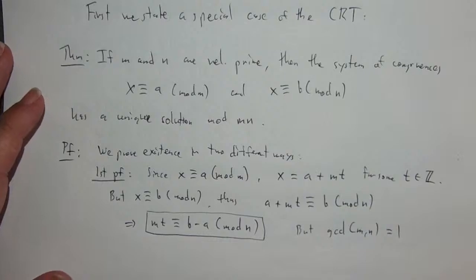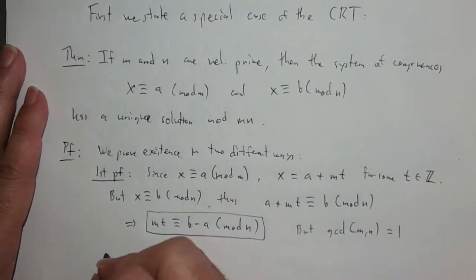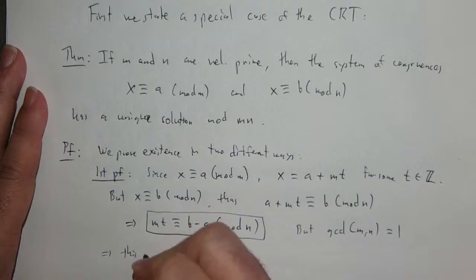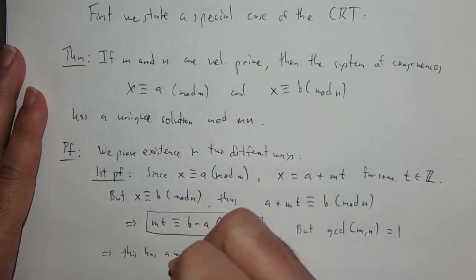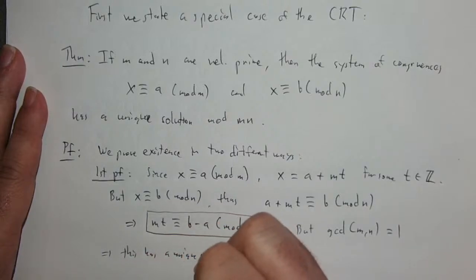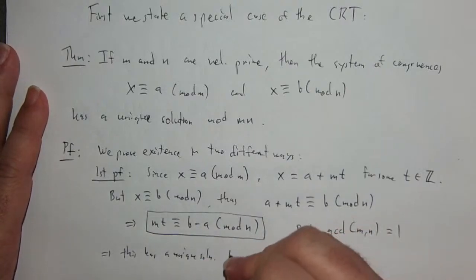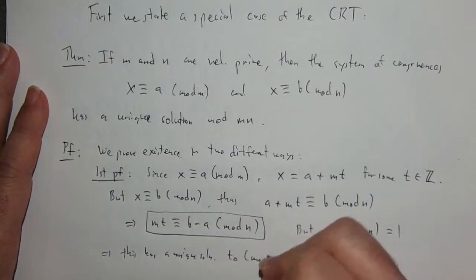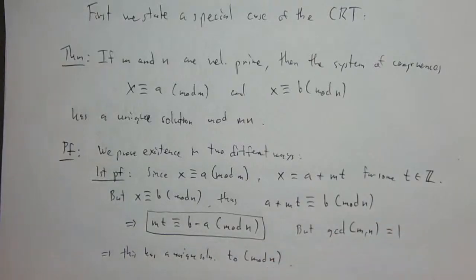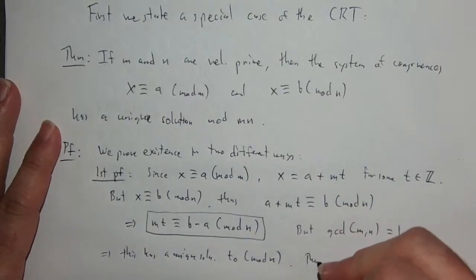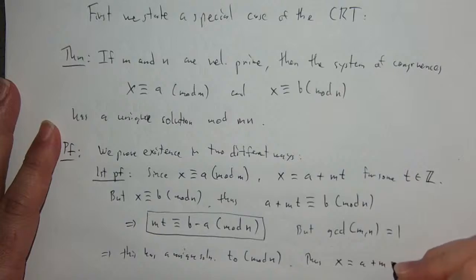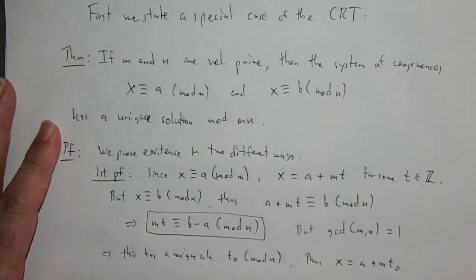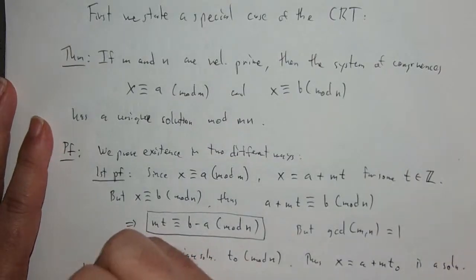So how does this go? So this has a unique solution, say t naught mod n. Thus, x equals a plus m t naught is a solution to both congruences.